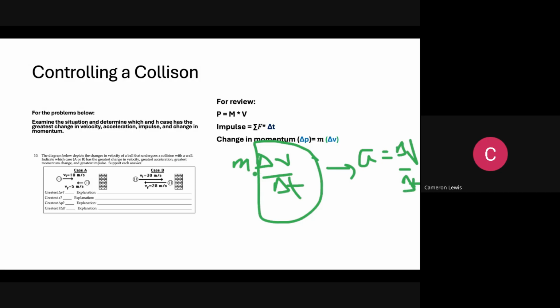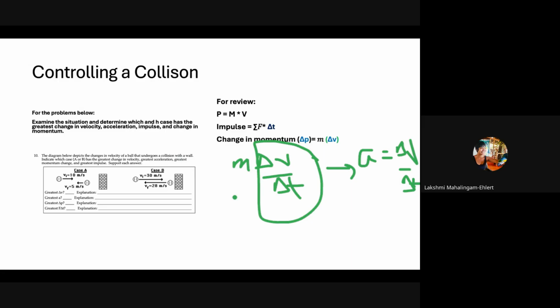If they happen at the same time, but have different changes of velocity, how will we know which one has the greatest acceleration? Whichever one has the greatest change in velocity. So B is going to have the greatest acceleration because it has the greatest change of velocity. Does that make sense?